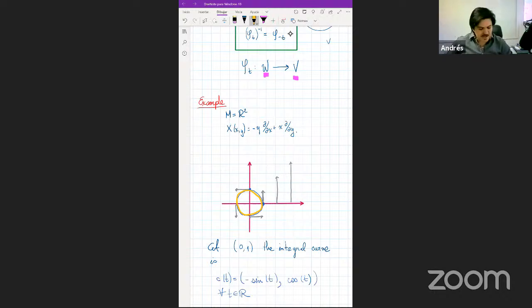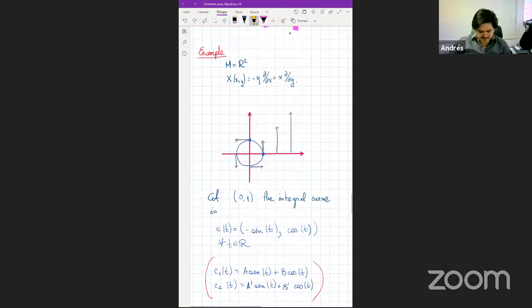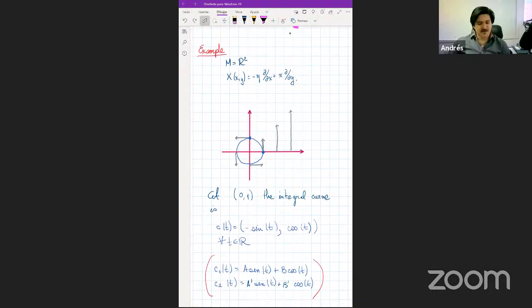Now, when we solved that, this is the system that we had to solve. The initial conditions gave us exactly this, but the general solution was this one.